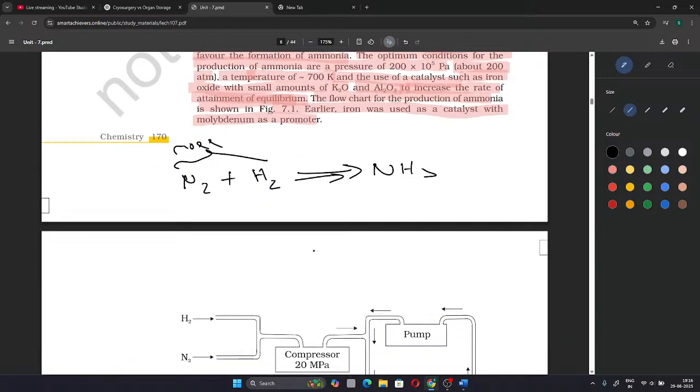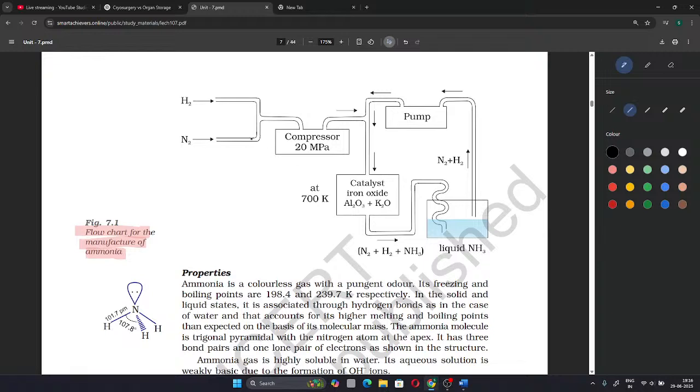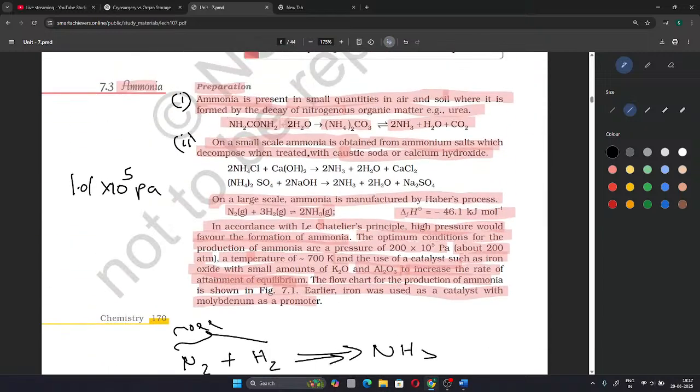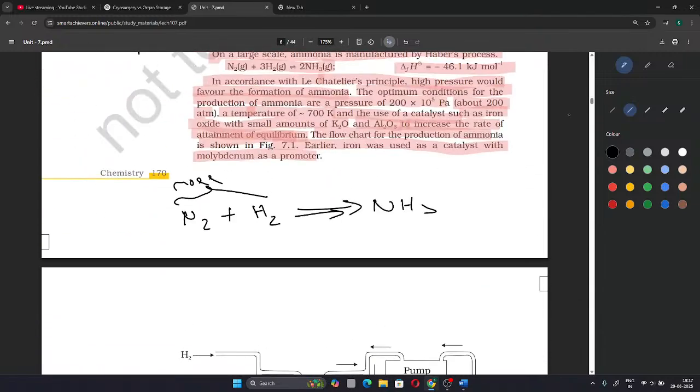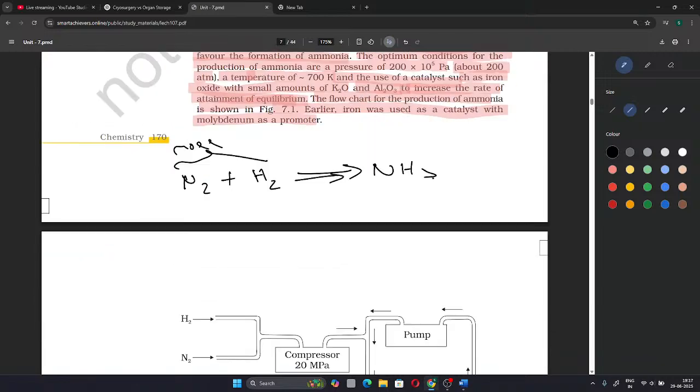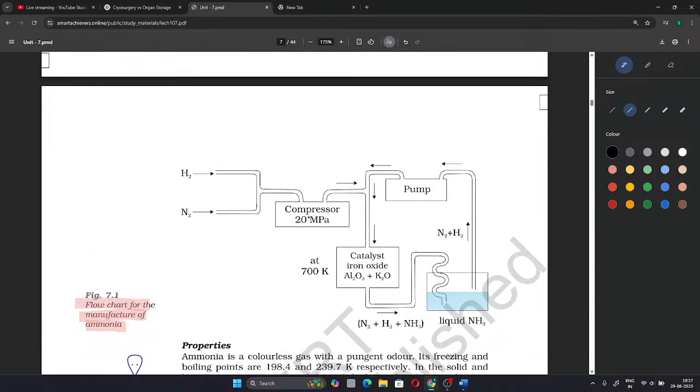And let's see the flow chart. Hydrogen and nitrogen are pumped through two pipes to a compressor, which will compress those two gases together with a pressure of approximately 200 atmospheres. I believe it is 200 megapascals, not 20 megapascals, so one more zero here.